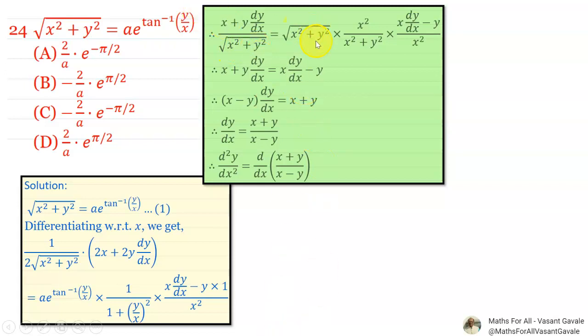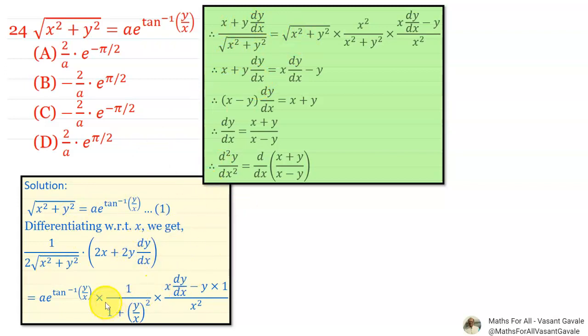Okay, ये simplification है. In root of x square plus y square into x square upon x square plus y square into x into dy by dx minus y upon x square. ही लेफ्ट हँड साइड सिम्प्लिफिकेशन केले. न्यूमरेटरचा 2 डिनोमिनेटरचा 2 इथे कट होणार. x plus y into dy by dx हा इथे आहे divided by in root of x square plus y square.